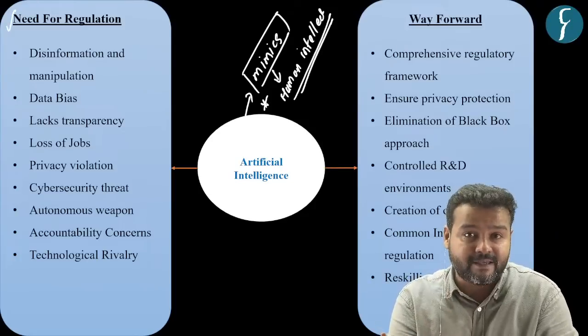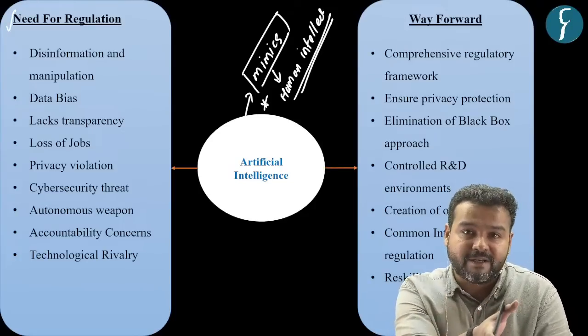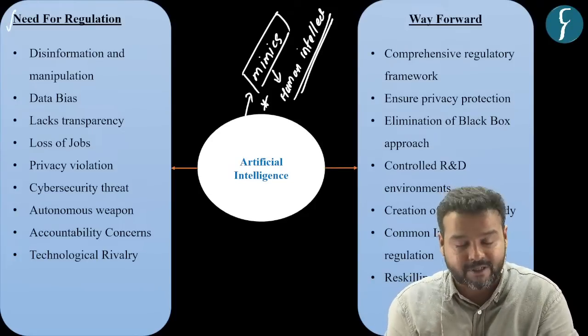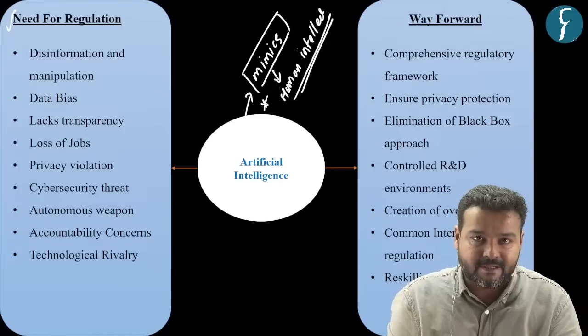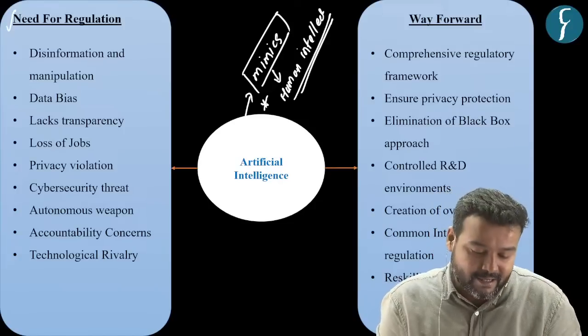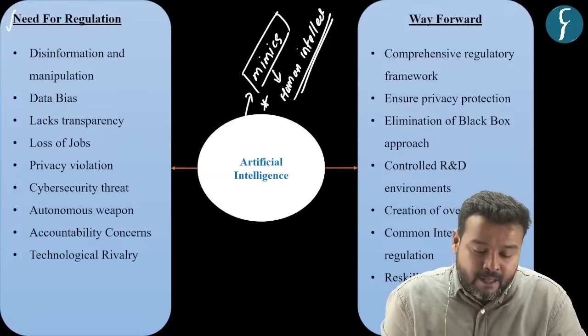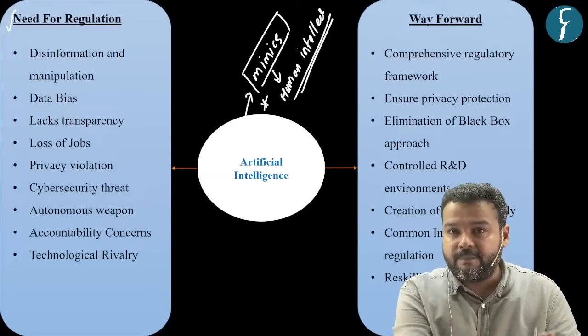So this is AI. It is replacing the human intellect of thinking and problem solving. So it mimics, it is not replacing, it mimics. Fine. So now, as I said, the debate is bane or boon.